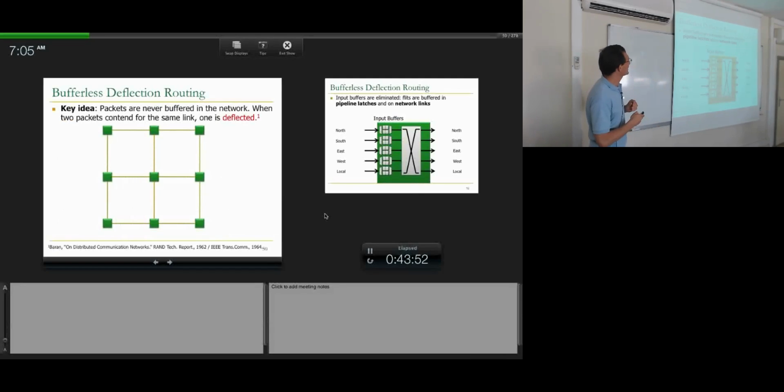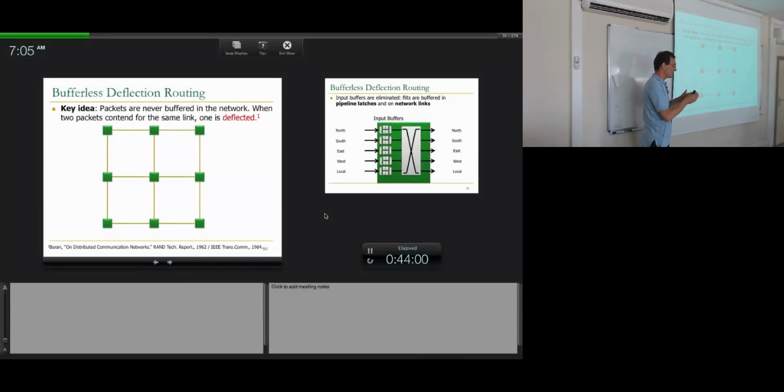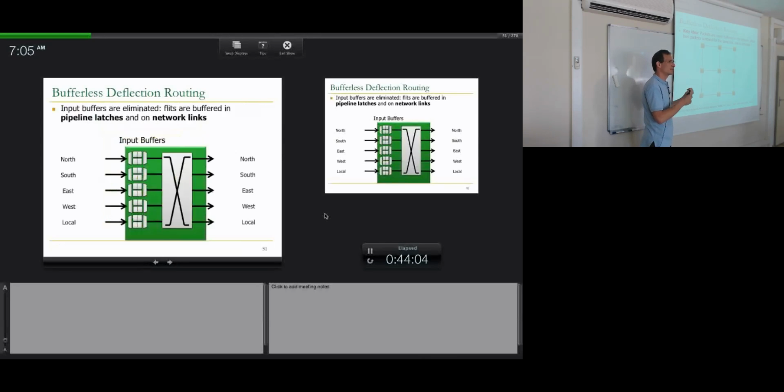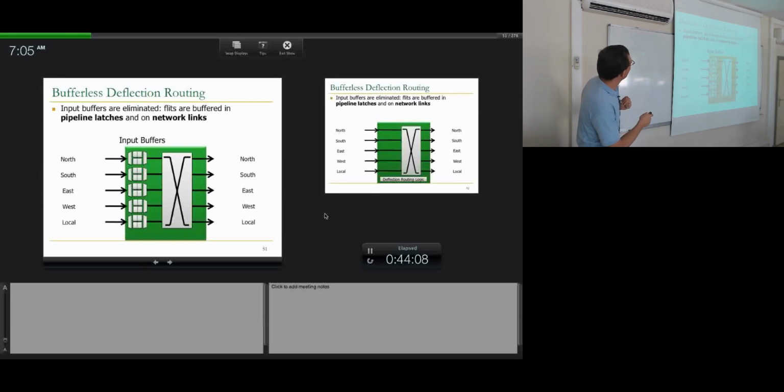Okay, we'll get back to this and we'll take a look at how this potentially simplifies things and also complicates things. And can we achieve a good place in the spectrum between bufferless and buffered router design? So if you look at the buffered router, that's what it looks like.